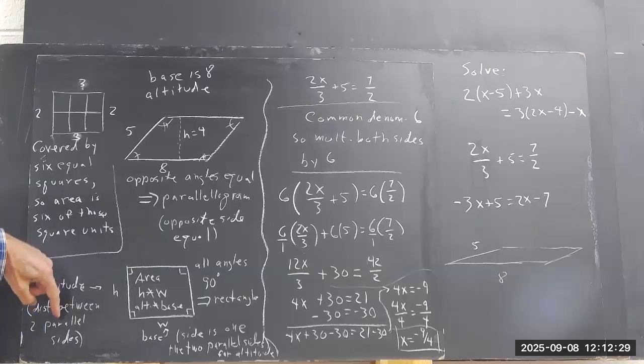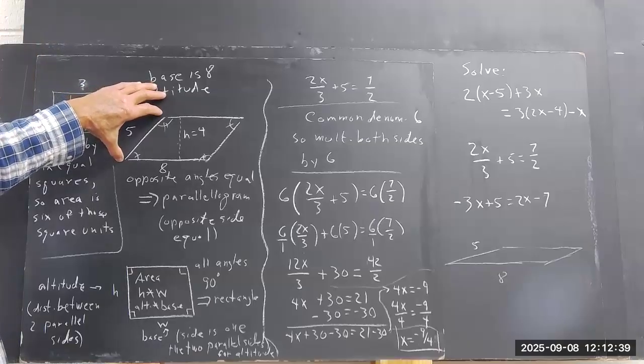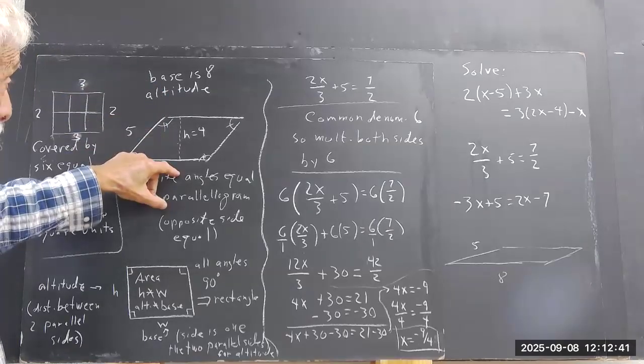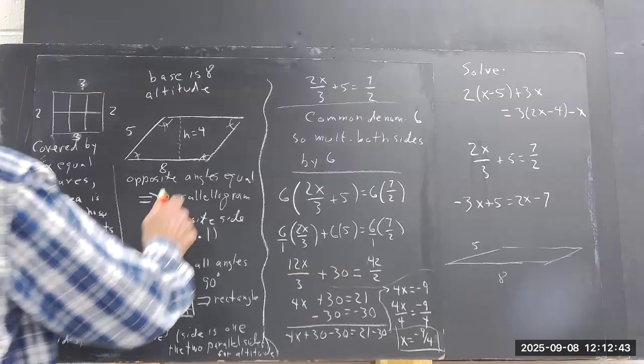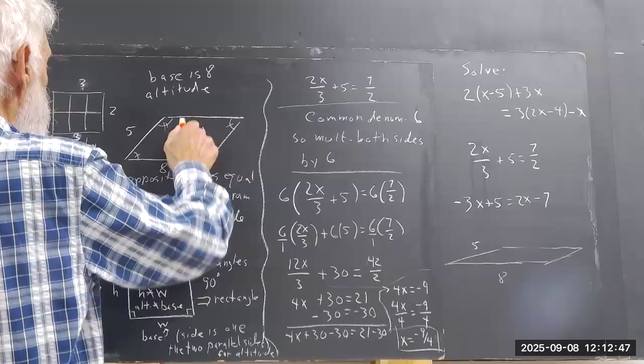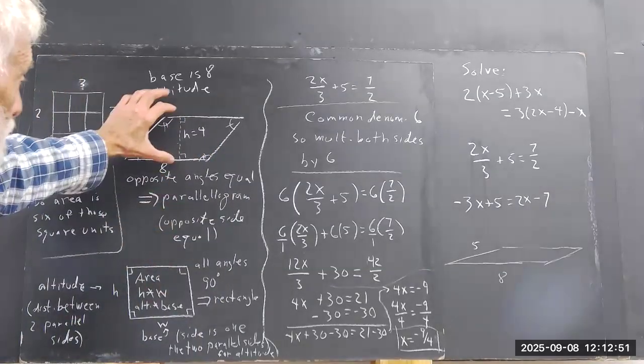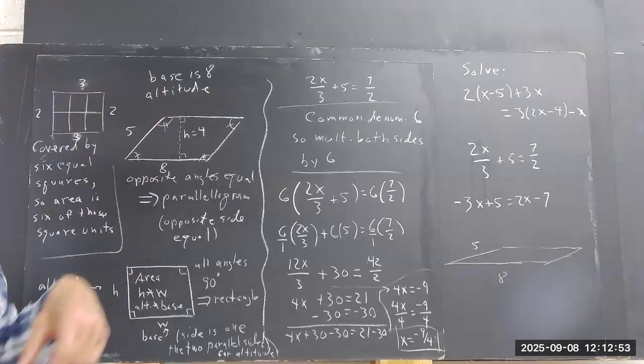Altitude is a distance between two parallel sides. Okay? Distance between these two parallel sides is less than 5. Because we can get from this side to this side if we draw a line at right angles. And that side is clearly going to be less than 5, right?